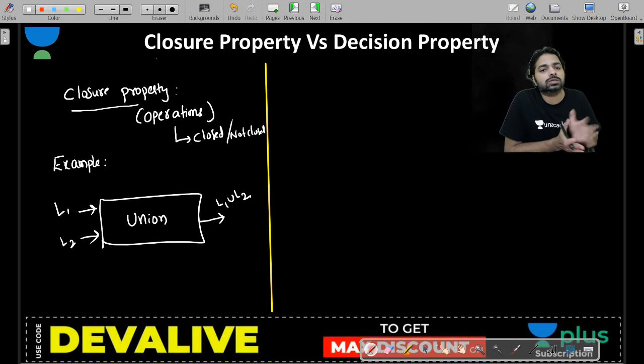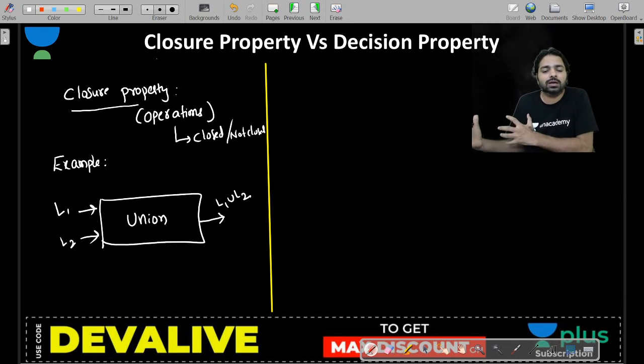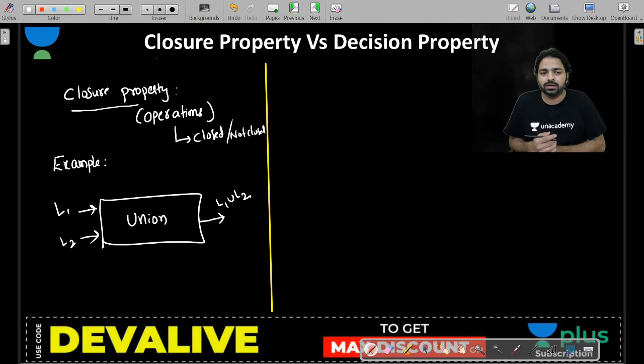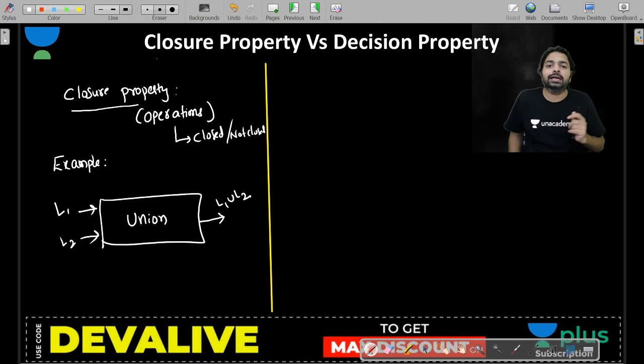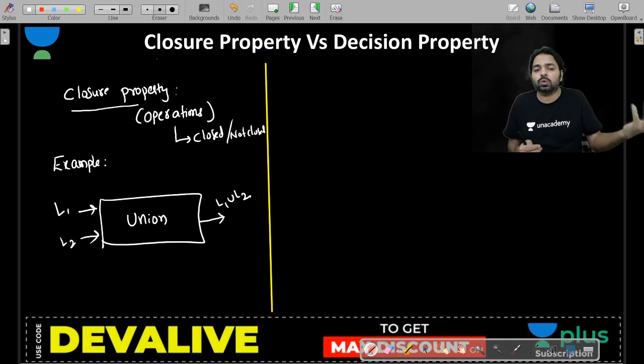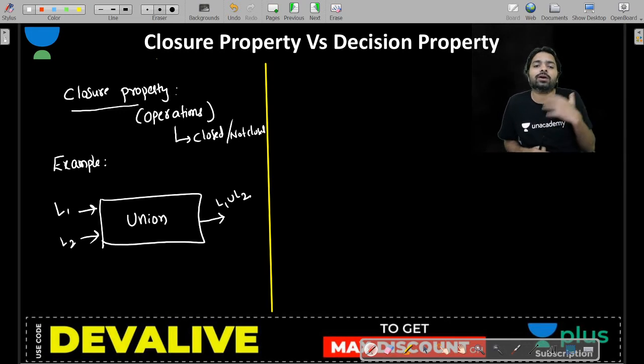If I am taking L1, L2 from the regular languages, regular union regular is always regular, so I can say that union is closed. Suppose I am taking infinite languages, infinite union infinite is infinite, so infinite languages are also closed under union. But if I take DCFLs, DCFL union DCFL need not be DCFL, which means it is not closed. So this was the closure property we have already learned.